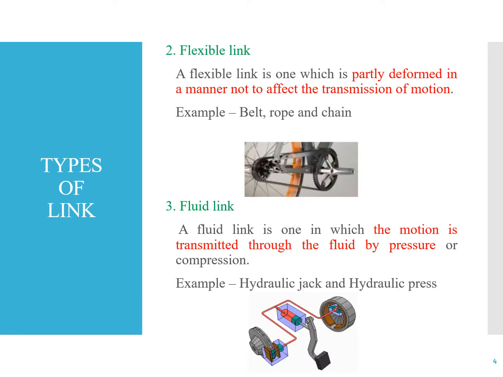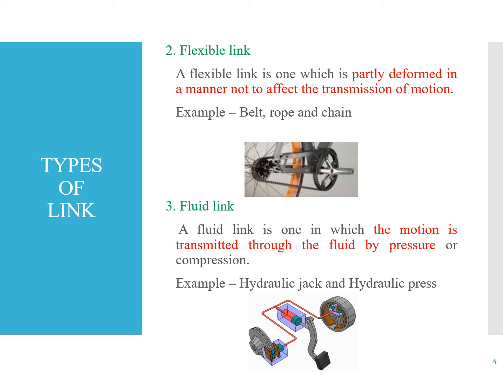Now the second type of link is the flexible link. A flexible link undergoes a partial deformation, but that deformation does not affect the transmission of motion. The examples of flexible links are belt, rope and chain.